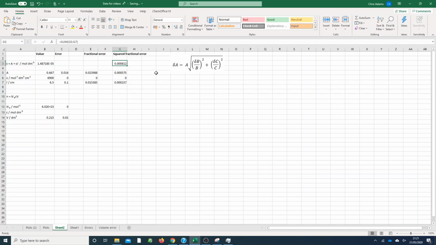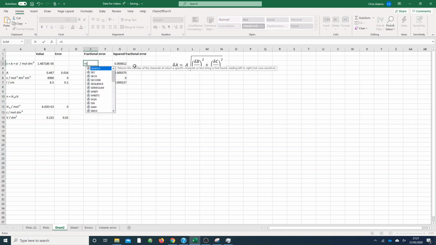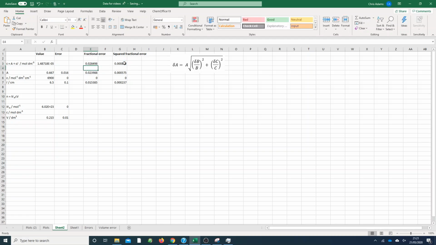That is the fractional error in C, in the concentration squared. So in this cell here, I want to take the square root of that value. And that gives me the fractional error in the concentration.